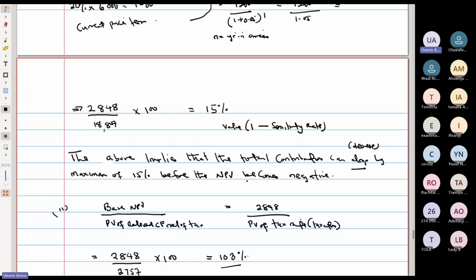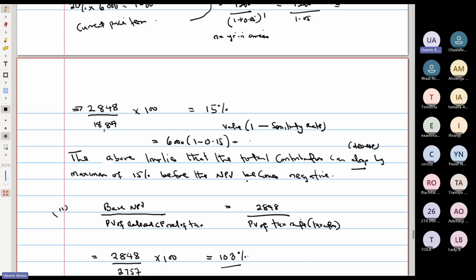Is that clear? Yes, sir, it's clear. So let's even do it quickly. Our annual contribution is 6,000. That is the value times (1 minus our sensitivity rate for contribution). What's our sensitivity rate? It's 15%, so that is 0.15.